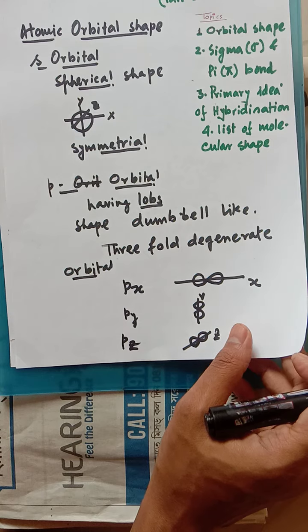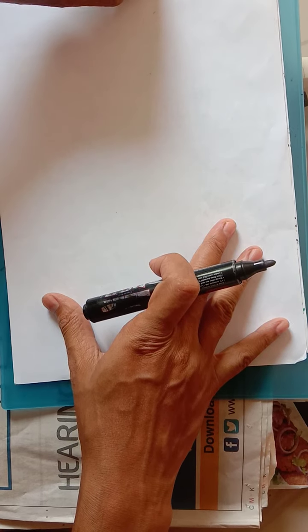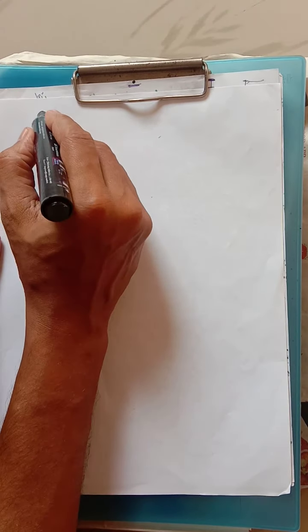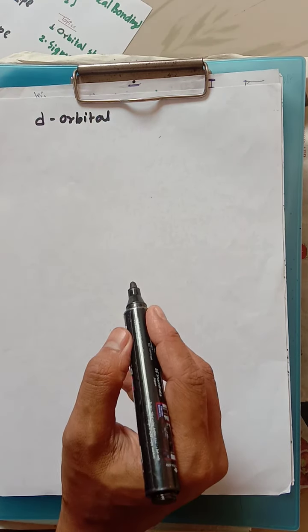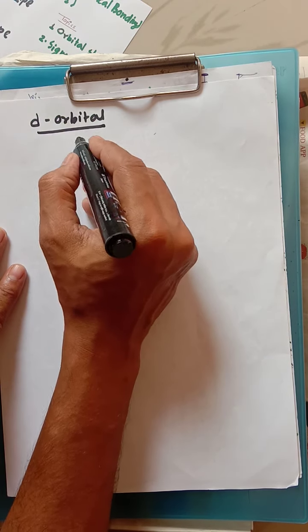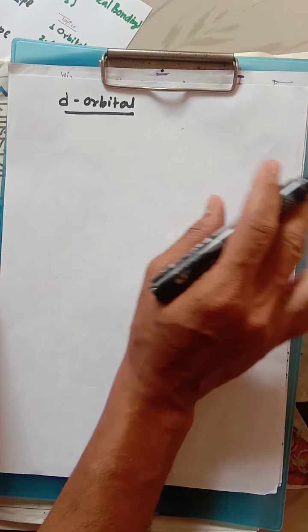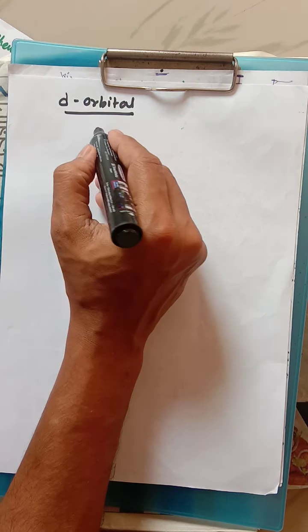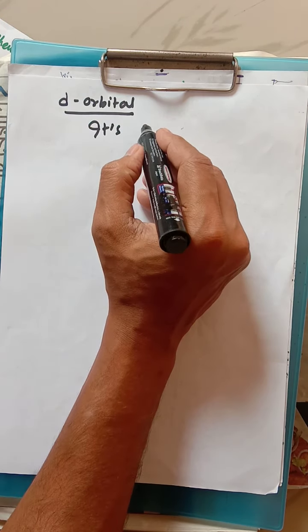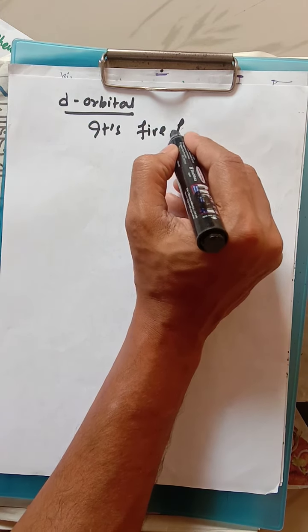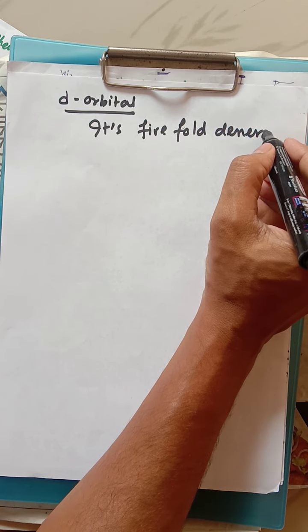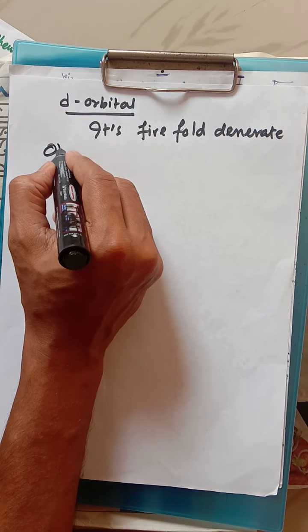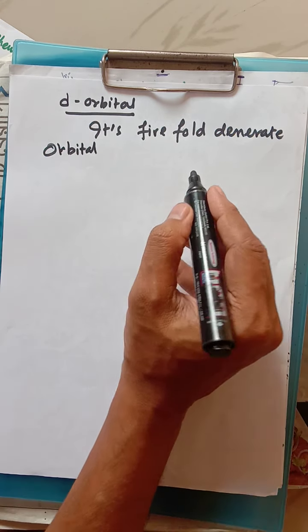Now moving to the next orbital, that is the d orbital. For the d orbital, the first thing we have to remember is that it is a 5-fold degenerate orbital.